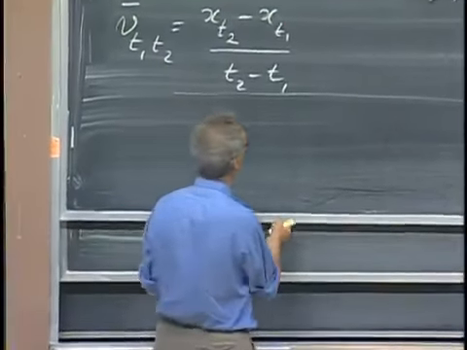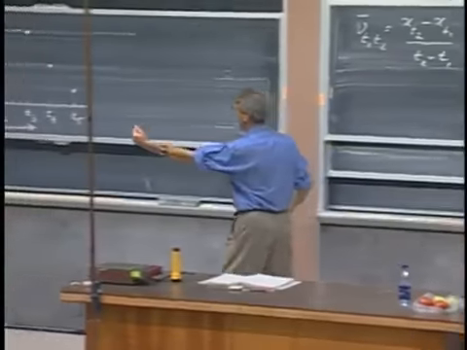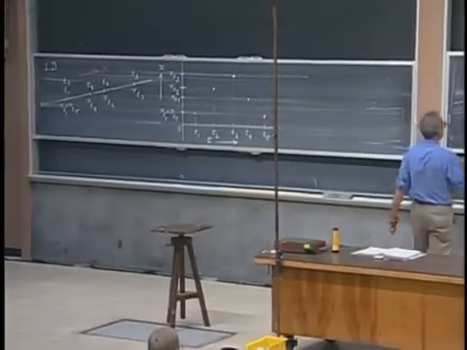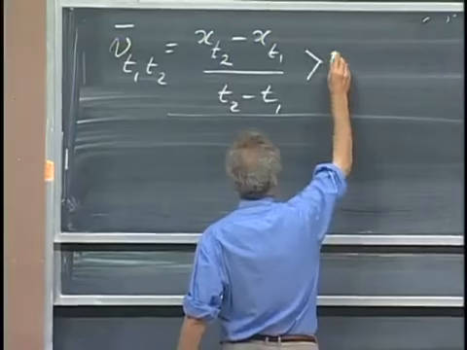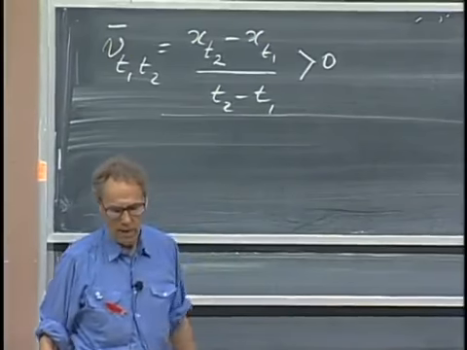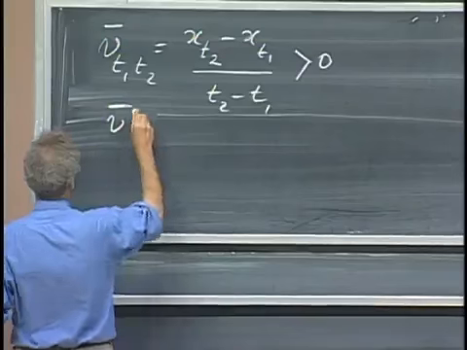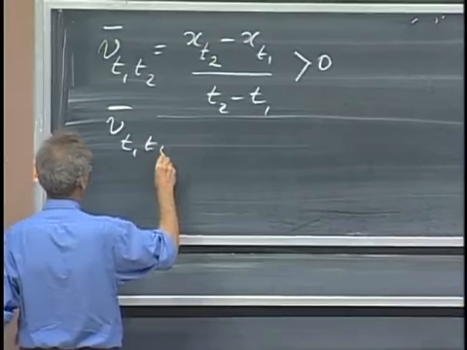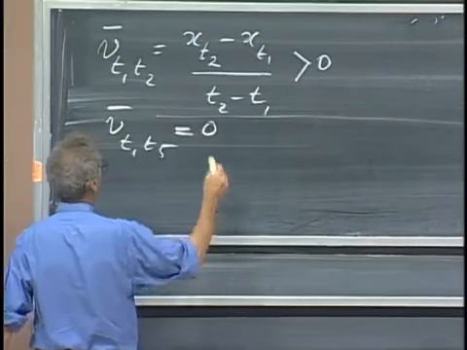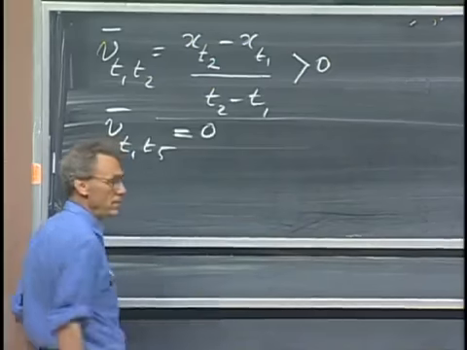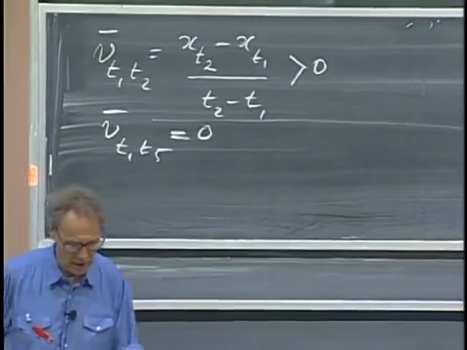In our case, because of the way that I defined the increasing value of x, this is larger than 0. However, if I take the average velocity between t1 and t5, that would be 0 because they are at the same position. So the upstairs is 0.